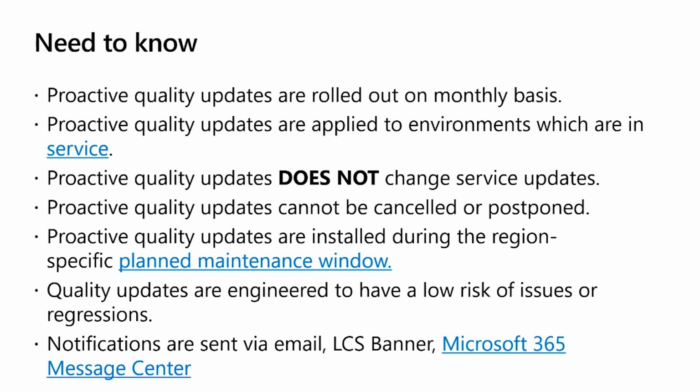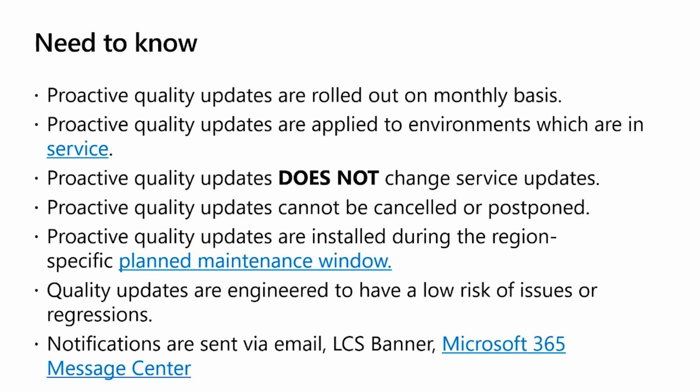And next is about the planned maintenance window. So you have a 3 day window which we communicate in advance, where the environments will be updated, and these will be updated during the dark hours of each and every region. And one point I want to specify here, because we get a lot of questions: my environment's Azure region is US, but my business operates 24 by 7 in different regions.